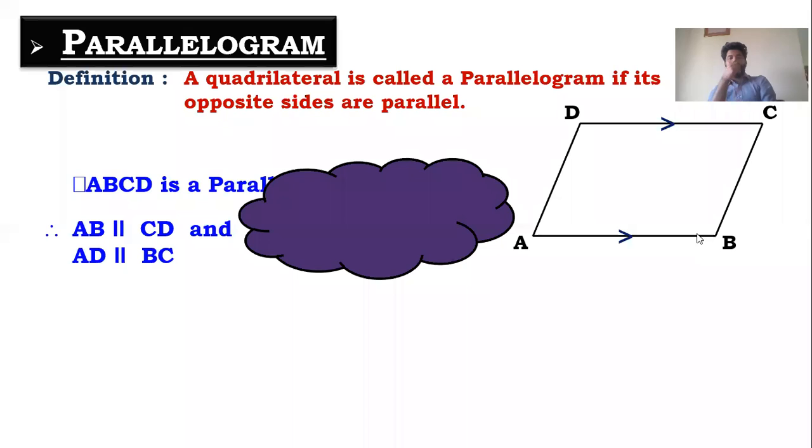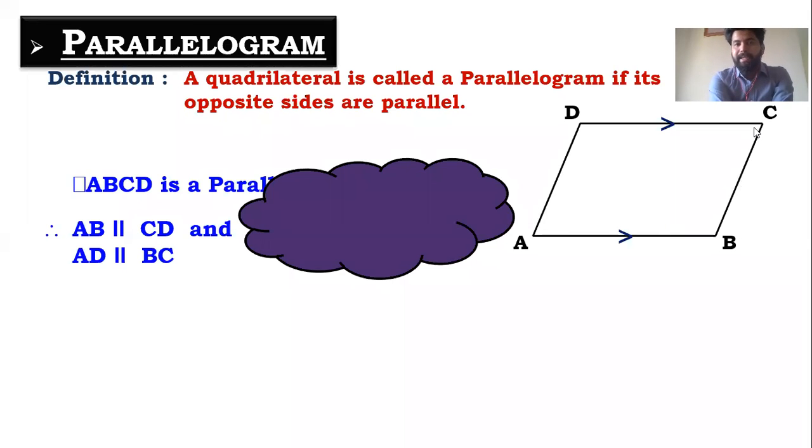Yes. Can someone name another angle that you can see which is next to angle A? Okay, Mannat wants to answer. So angle B and angle C are also adjacent to each other.